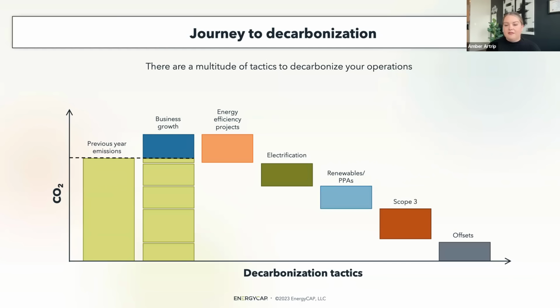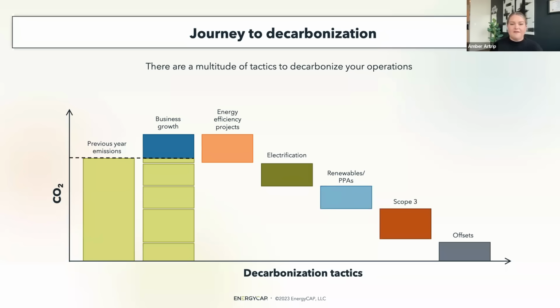We always recommend starting with energy efficiency projects. It is said that the greenest kilowatt hour is the kilowatt hour that goes unused, right? And so we know that buildings account for 40% of global emissions. So if we can all work together to reduce energy in our buildings, we'll be in a much better place to accomplish net zero and low carbon goals.